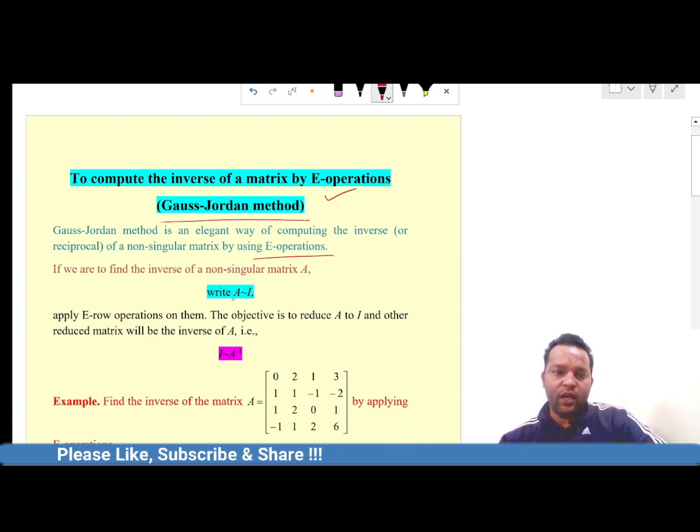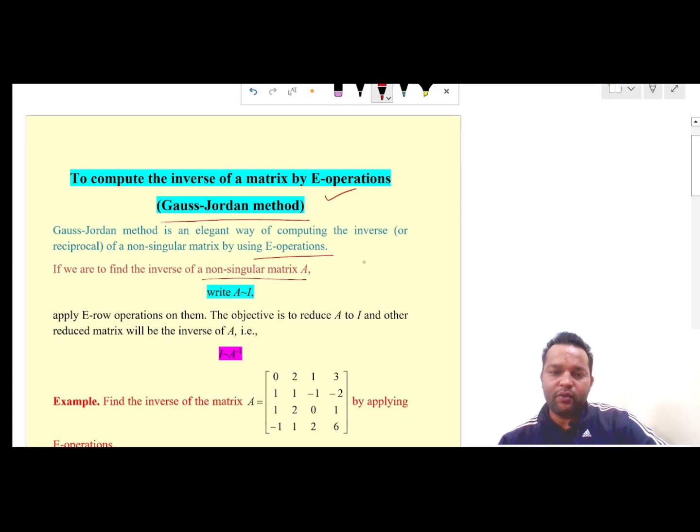Suppose we are given a non-singular matrix. A non-singular matrix is basically a matrix whose determinant is non-zero. That matrix is said to be an invertible matrix.